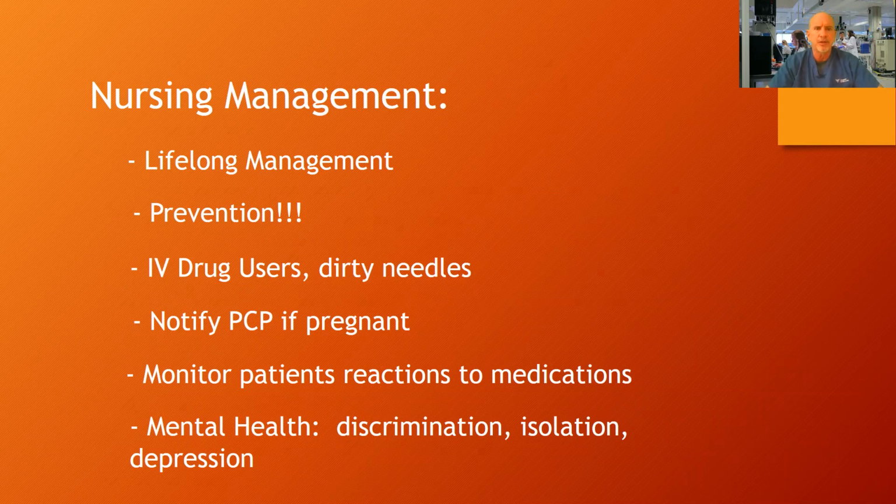I think there are precautions we can take for the baby if the mother is HIV positive. Also monitor the patients for reactions to medications. These antiretroviral medications are strong and you will get side effects from them. So you have to be very careful and monitor how patients are reacting to the antiretroviral drugs.